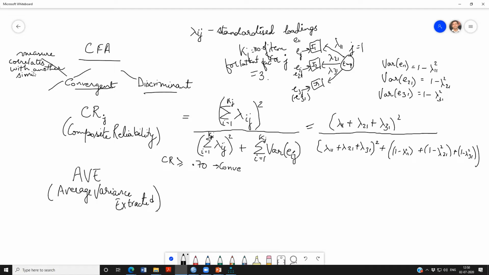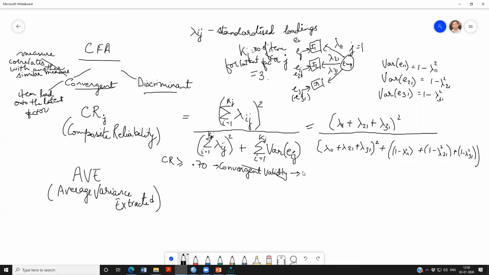And the second is that the items load onto the latent bucket as expected. So this CR is telling us that there is convergent validity of the second kind, and the items are loading onto the latent factor.